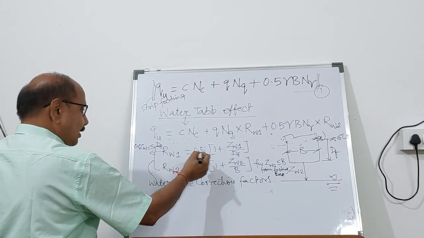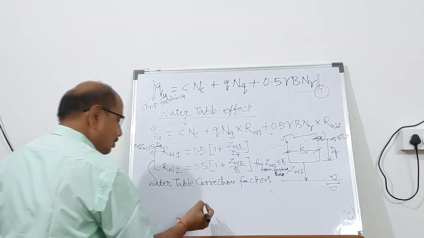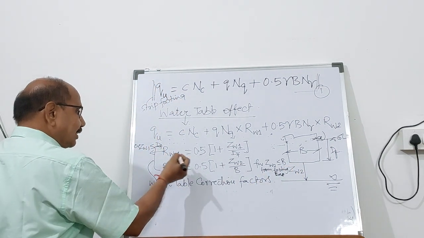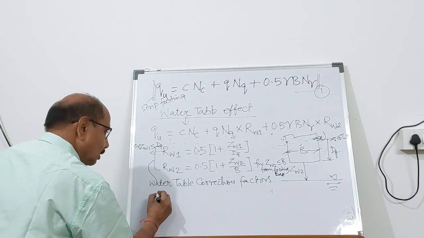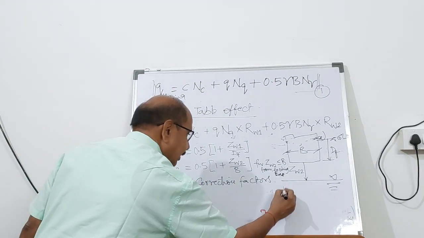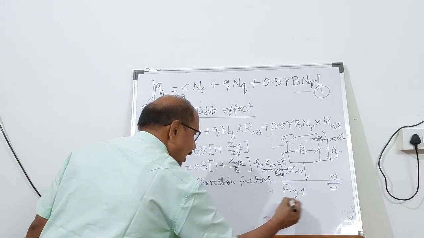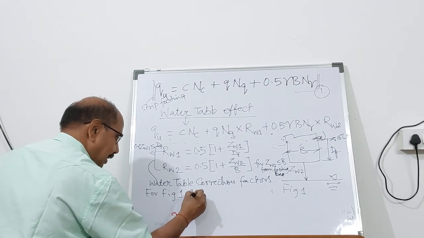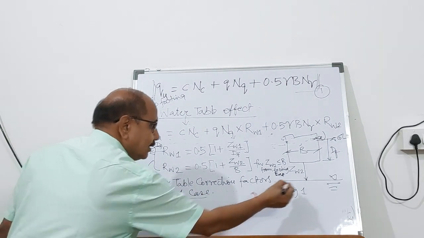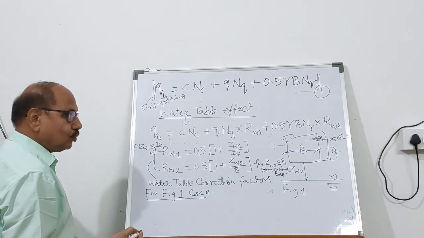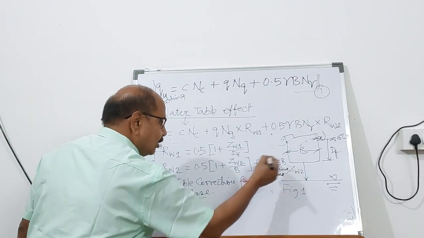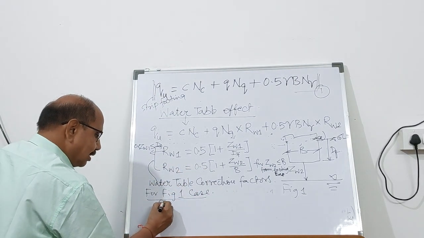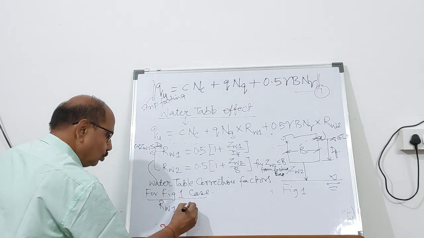If the water table is below the base of the footing, see figure 1: the water table is here at ZW2, and ZW2 is less than or equal to B. So you just use this RW2, and RW1 will be equal to 1.